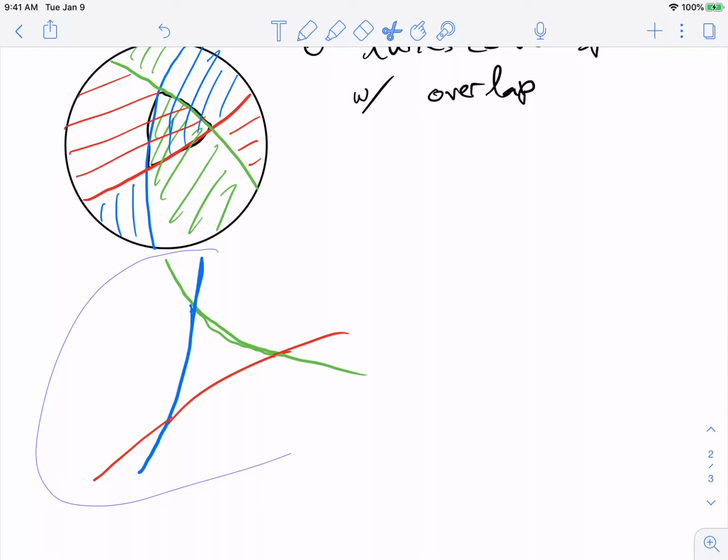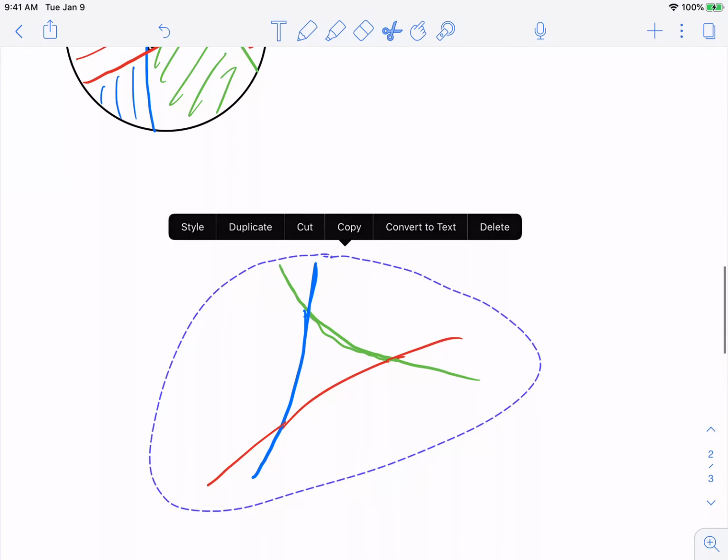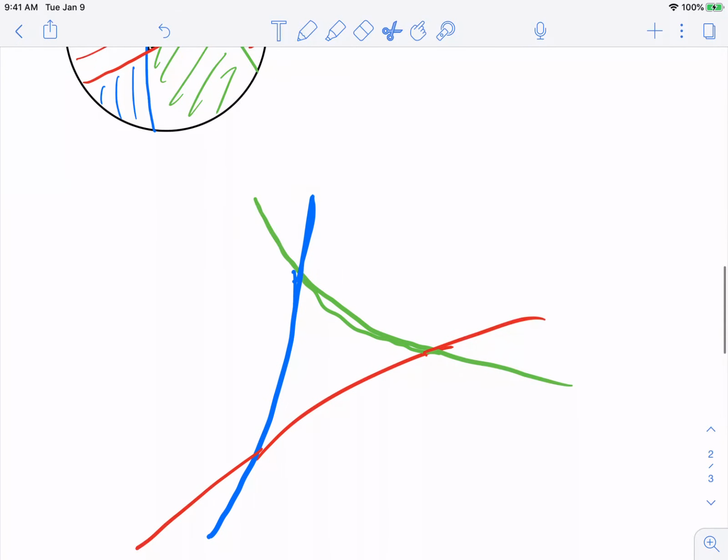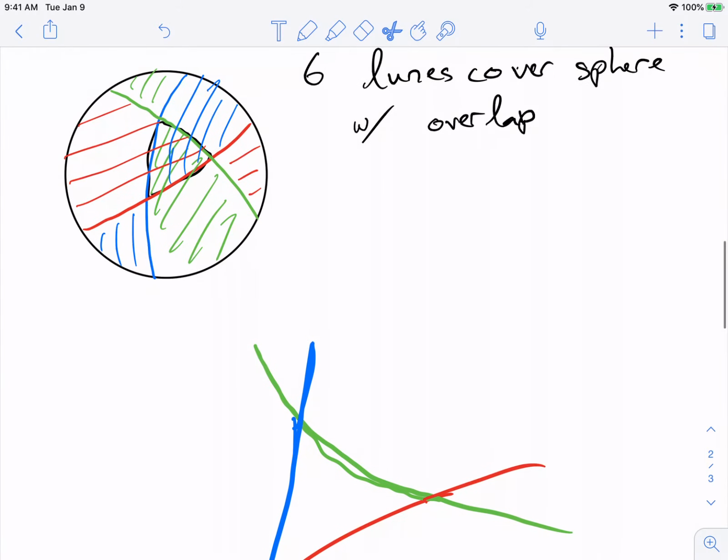Maybe I'll move this so I have a little more space. Okay. So what is kind of the analog of these lunes? Well, for instance, this red lune here, I take the red and the green intersection and I look at everything that kind of goes to the left of it.